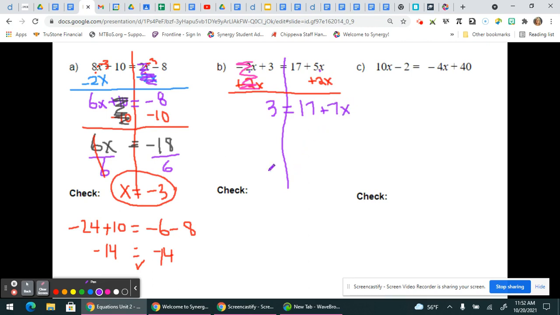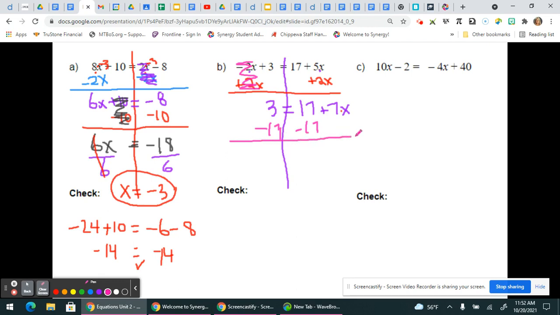So now we have just a normal two-step equation. And that two-step equation, to get my x alone, I've got a times 7 and a plus 17. So to unwind this, I'm going to get my x alone by, first of all, removing the 17, which means I'm going to subtract 17 on the right and subtract 17 on the left.